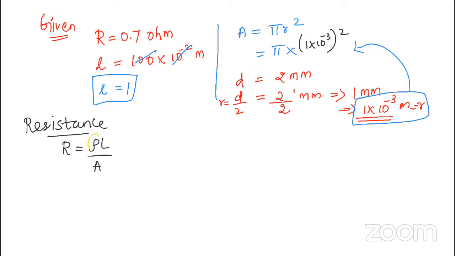So we need the value of rho. Let us rearrange the formula to get rho. So rho is equal to what? It is R into A divided by L. Okay. Here we have calculated all the values. What is it?